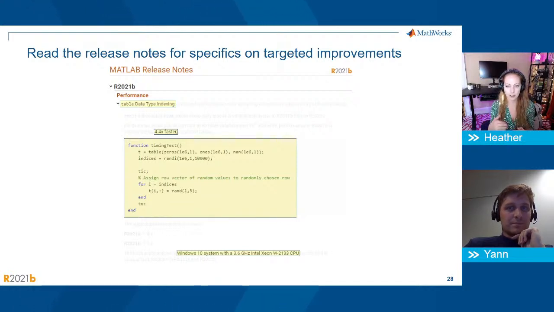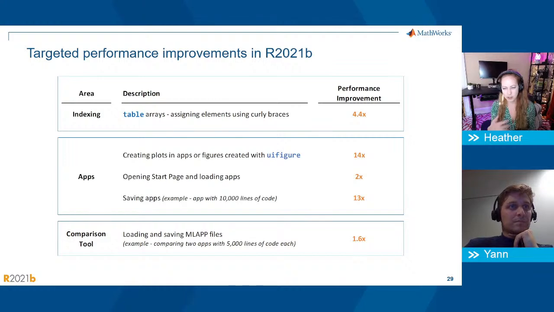You can dig in more in each different section, each different capability. A couple for performance that might be interesting: the indexing that we talked about with tables, different parts of app design have gotten updates like UI figures, plots, and saving them. And the comparison tool really got a nice performance update.